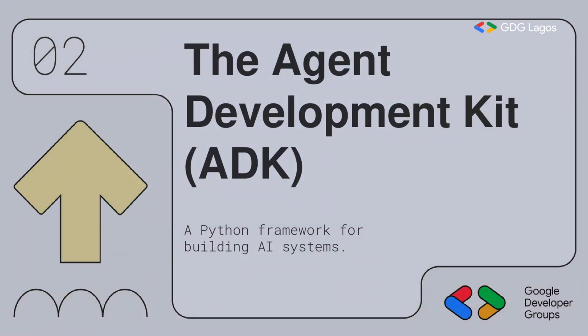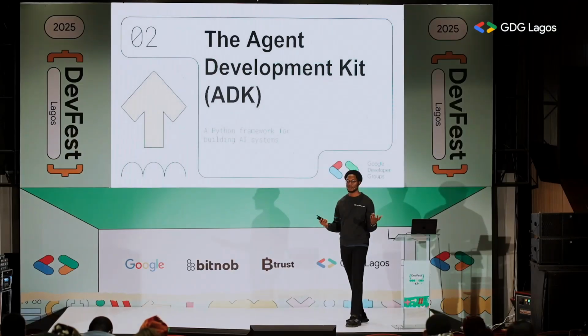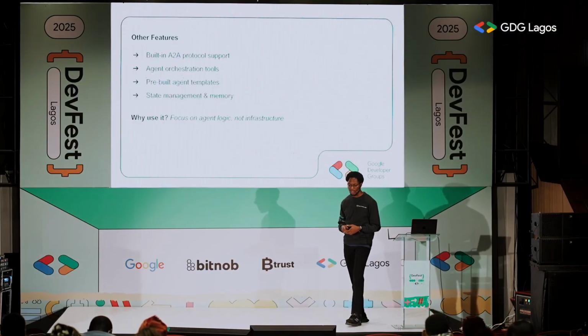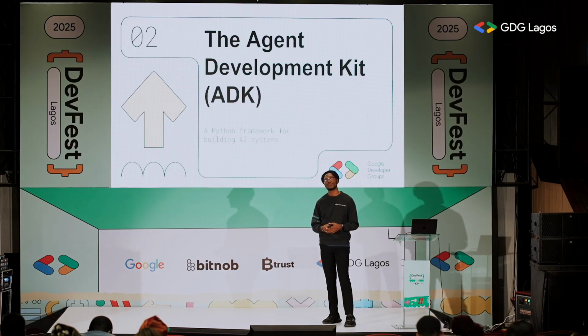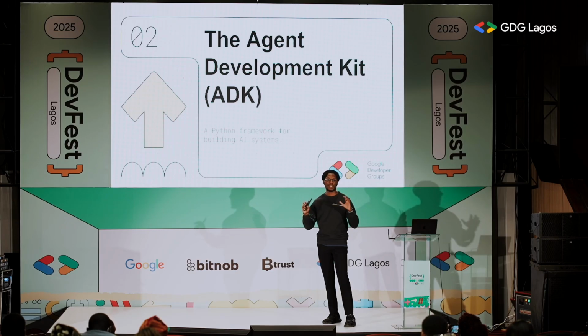It's essentially a Python framework for building AI systems. Right. And just to give more context to that, it allows you to build and modify different agents, right? So it's pretty much an agent manager, right?